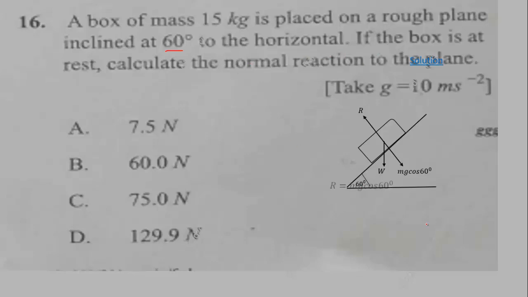So we substitute the mass, which is 15 kg, then the acceleration due to gravity, which is 10 meters per second squared. Then we simplify to get 75 newtons, 75.0 newtons.